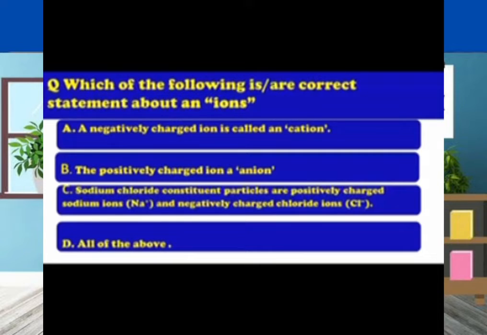A negatively charged ion is called anion. This is correct. And the positively charged ion is called cation. And the option C, sodium chloride contains Na plus positive charged cations and Cl minus ions. So the option C is the correct answer.